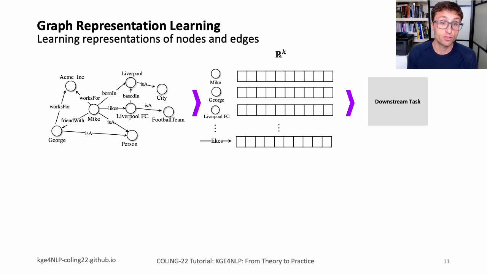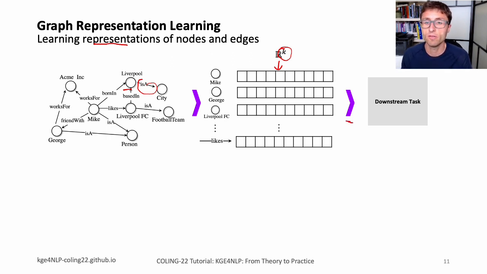Entering the world of graph representation learning, which boils down to learning representations of nodes and edges of a graph. So turning a graph from the realm of nodes and edges into internal representations, vectors of floating point numbers, which can have k elements, where k is usually something between 100 and say 500, so quite compact representations.